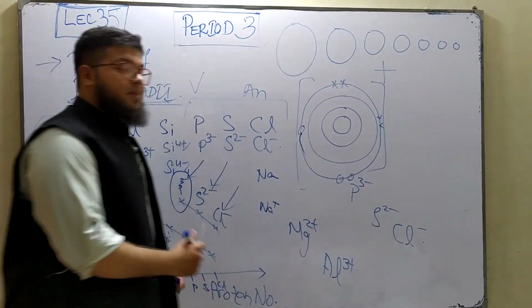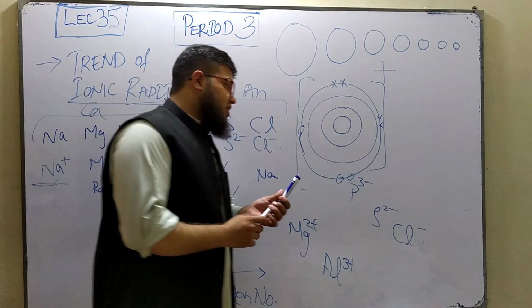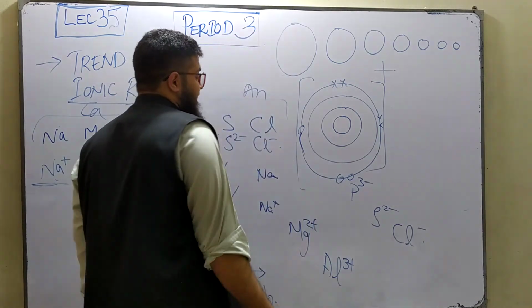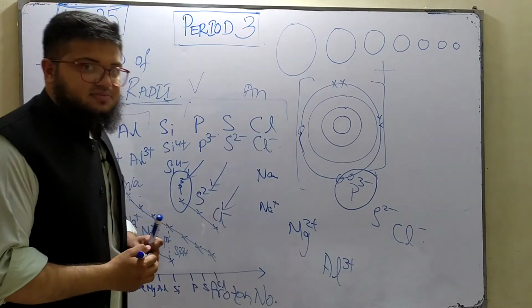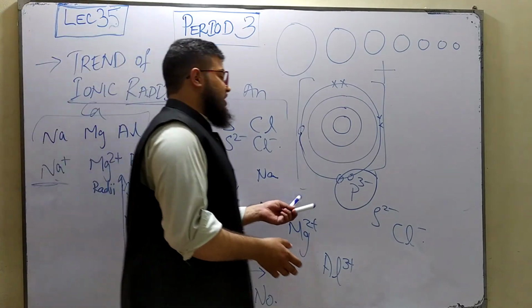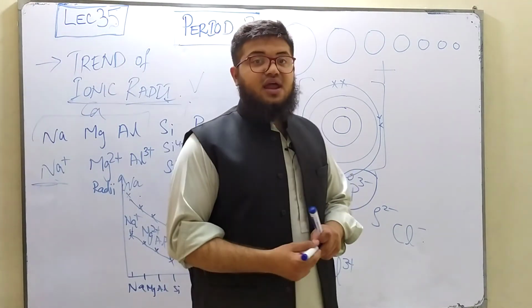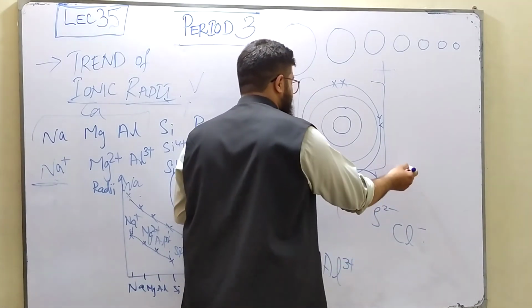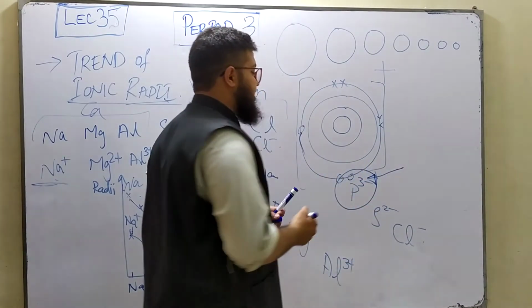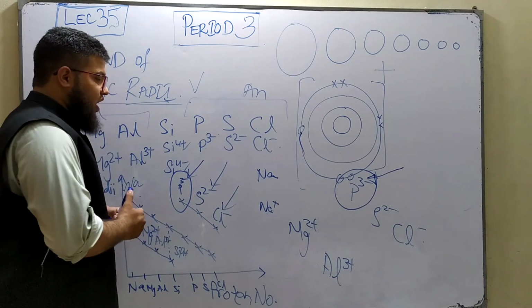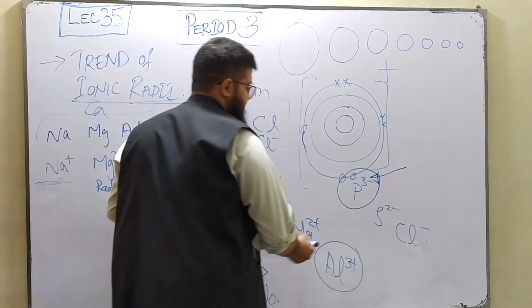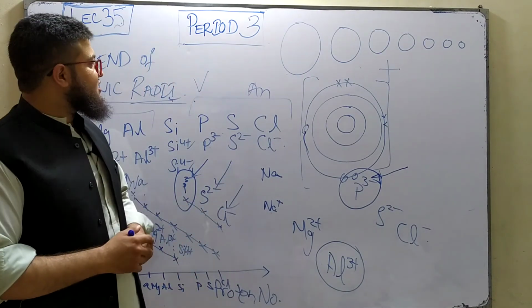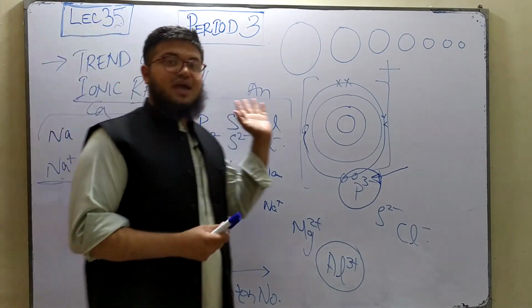If we omit silicon and argon, the ion with the largest radius is the phosphide ion. This has been an MCQ in which silicon and argon were omitted and you were asked to identify the ion with the largest radius. The ion with the smallest radius is of course going to be Al3 positive. This sums up the discussion of the ionic radii trend.